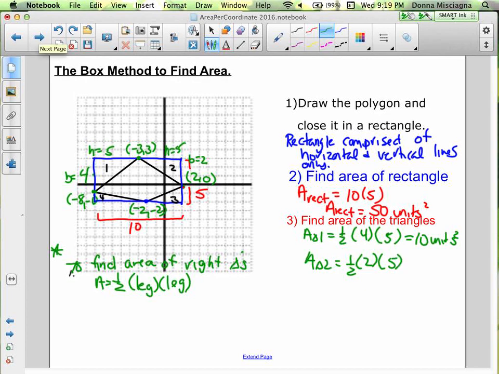All right, so half of 10. Oops, what did I put? Oh, I'm looking at the side of the rectangle there. Let me double check that area of triangle 2. Yeah, I'm looking at the 5 on the rectangle. So the height there, 1, 2, was that 5? Yeah, that one is 5. Okay, just want to make sure I didn't write down anything wrong. Got a lot of numbers crammed in there.